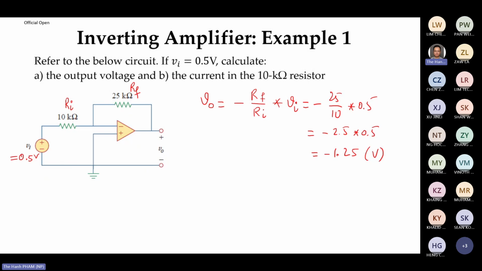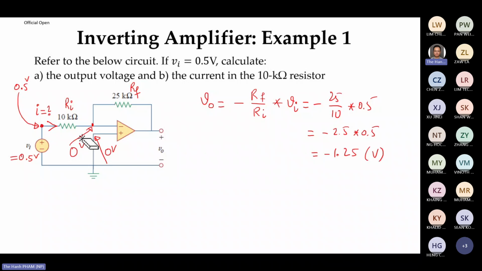And if they ask what is the current in the 10 kilo ohm, suppose they ask what it is, I. Take note, at this point the voltage is 0 volt because you link to the ground. Therefore, at this point, the voltage must also be 0. So again, at this point the voltage is 0.5 volt.